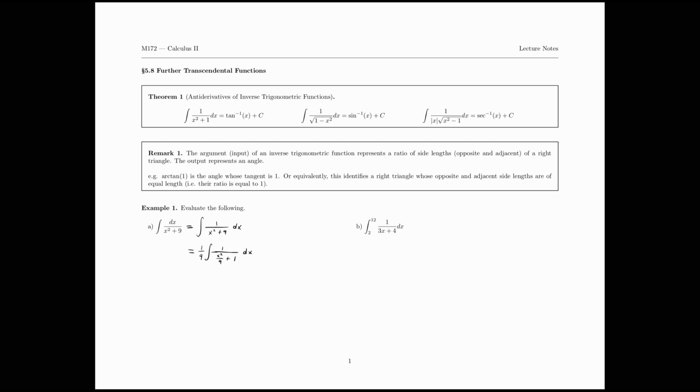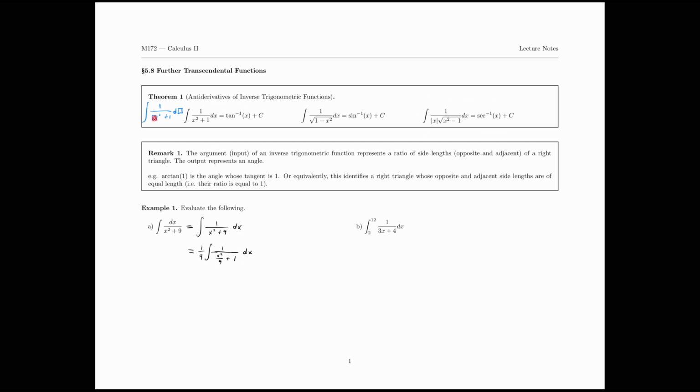Now that we have this, what we want to do is change this into the format something squared plus 1. Sure, up here we've got an x squared, but in general, we really want to think of this as 1 over something squared plus 1, d something. Whatever you put in the box depends.